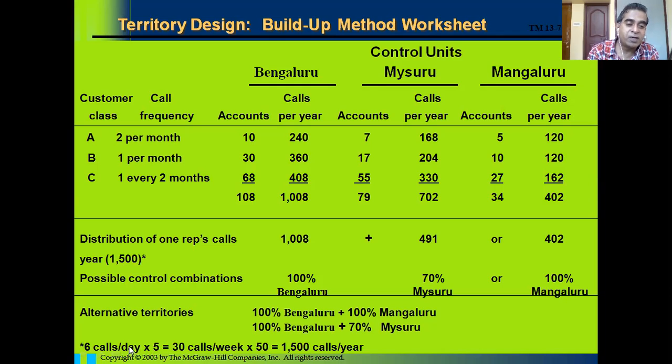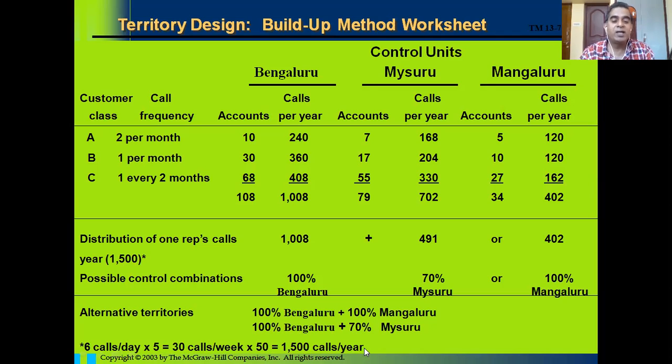So 6 calls per day into 5 days of a week gives you 30 calls per week. A sales rep can make 30 sales calls per week, multiplied by approximately 50 weeks in a year. So 30 into 50 is equal to 1,500 calls per year.